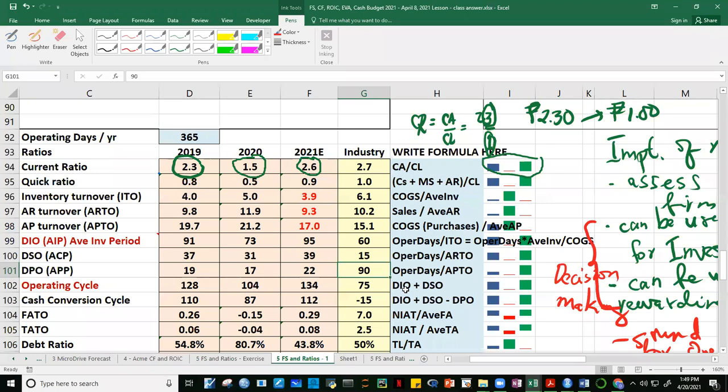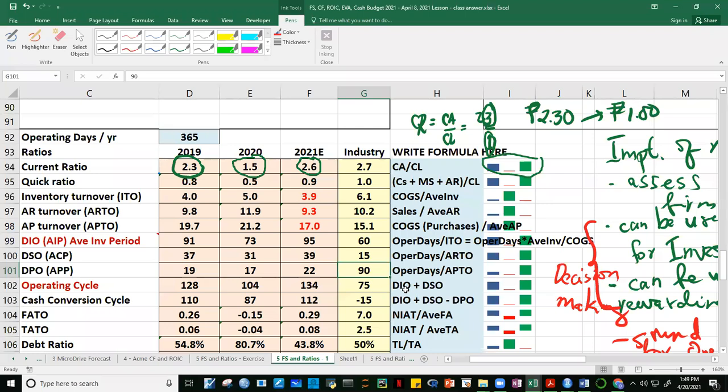Tapos, because of that, over time, it's able now to get a good reputation among companies, among suppliers. And since ABS is a good company, other suppliers would want to partner with ABS. Kasi parang bragging rights din nila yan. Customer namin si ABS. Bago mo maging customer si ABS, kailangan magaling ka din, no?